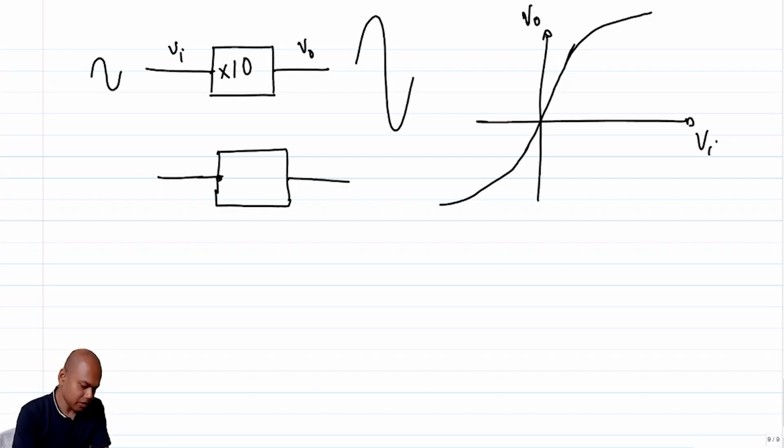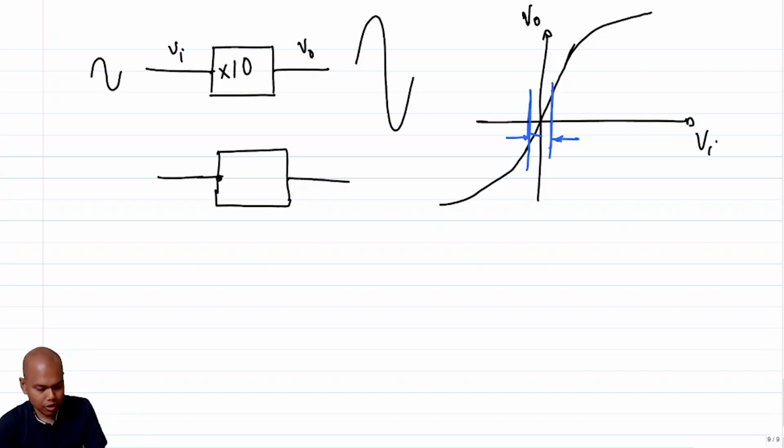What happens then? So if your input is probably varying between these two blue lines, then your output will vary between these two red lines, right?